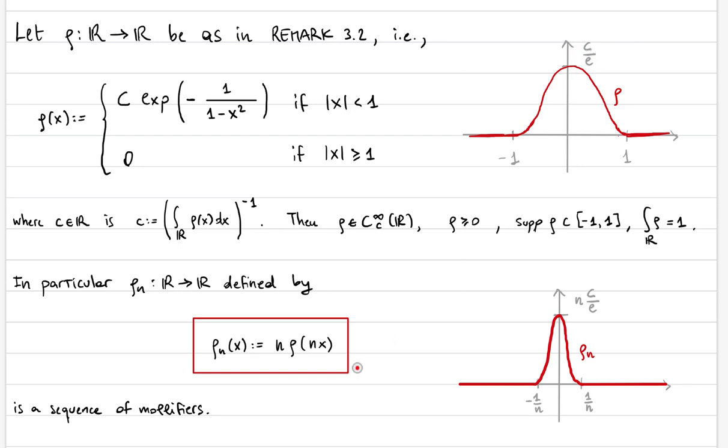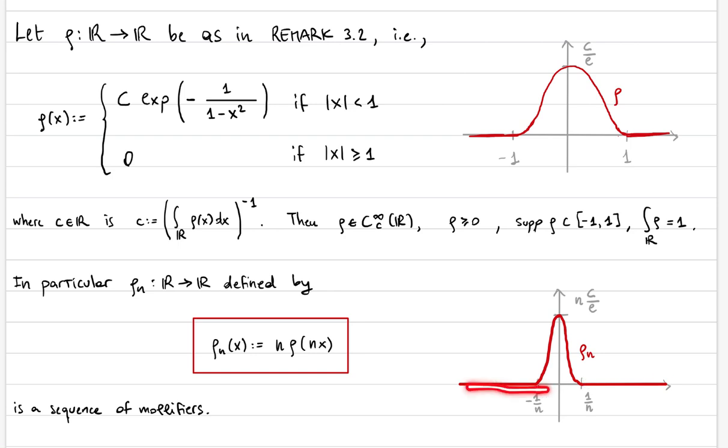What is happening is that this function is converging pointwise to the zero function as n goes to infinity, at all the points which are non-zero.